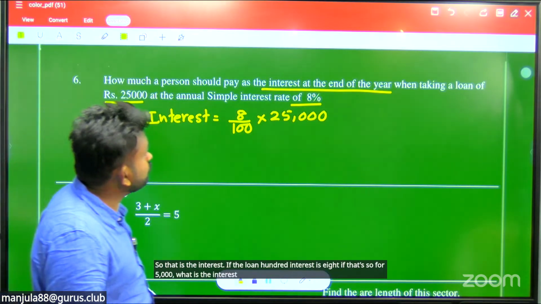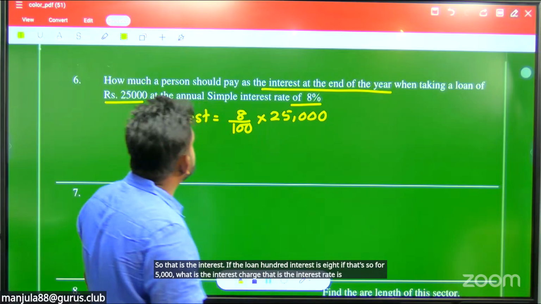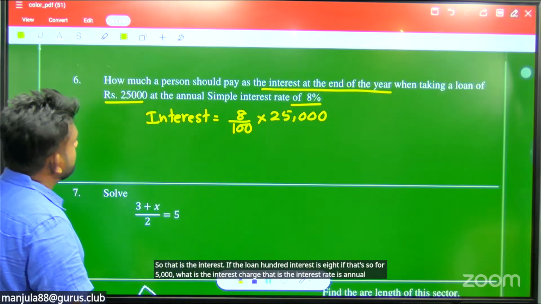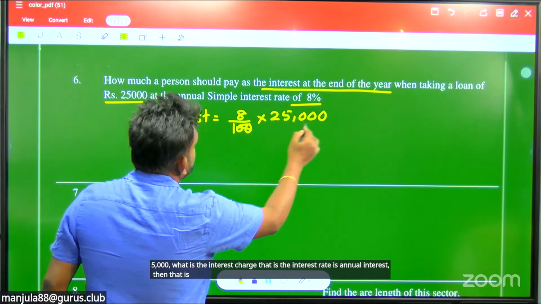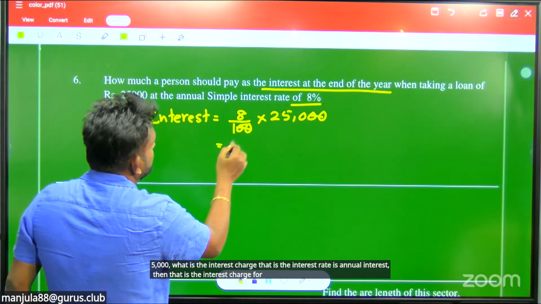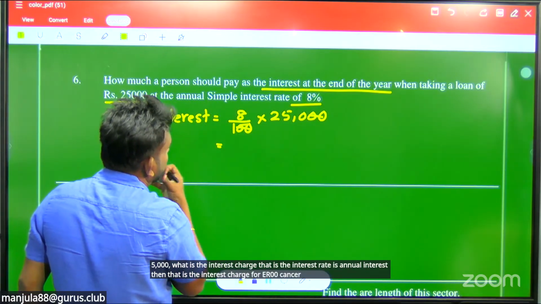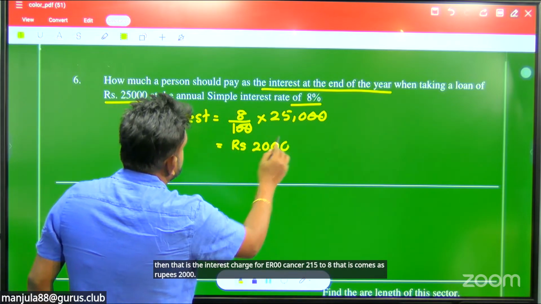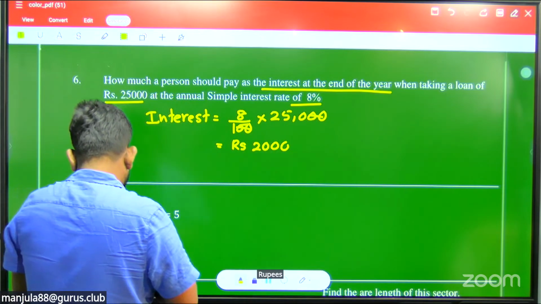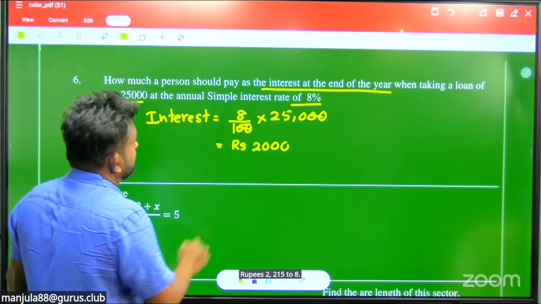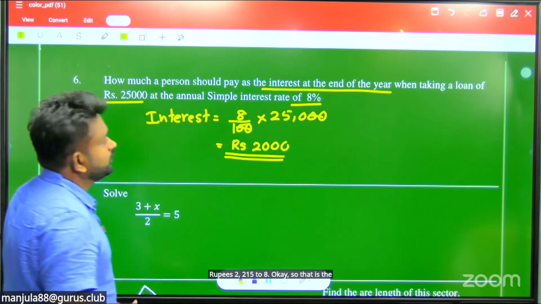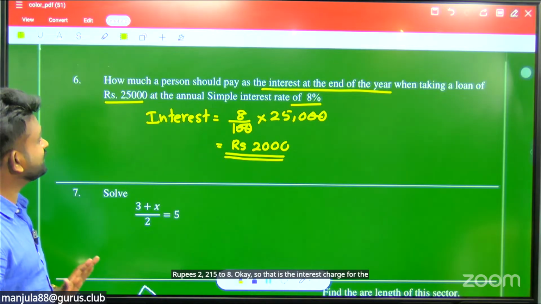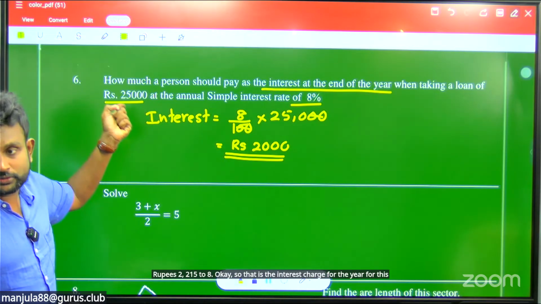That is the annual interest rate, so that is the interest charge for a year. 0, 0 cancel. 25 times 8 comes to rupees 2,000. Okay, so that is the interest charge for the year for this 25,000 loan amount.